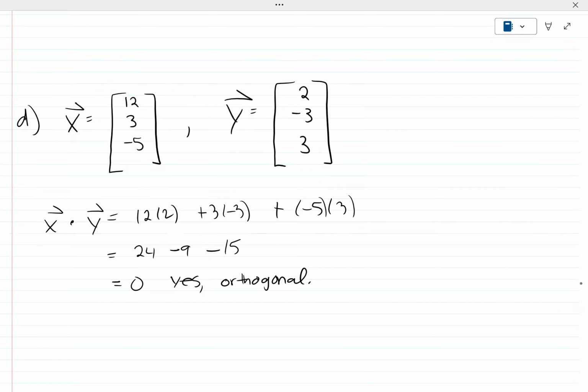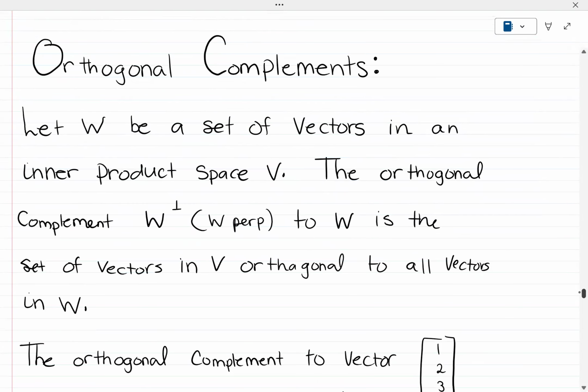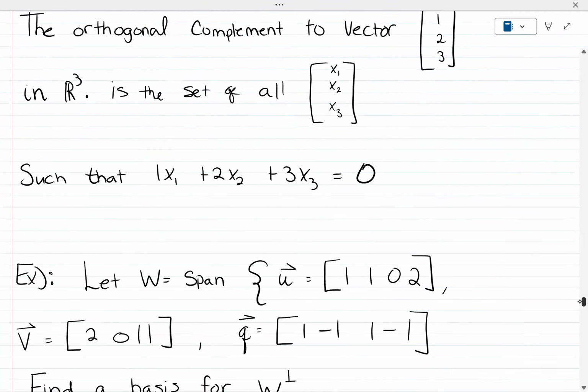Okay, now let's talk about orthogonal complements. So what is an orthogonal complement? Let W be a set of vectors in an inner product space V. The orthogonal complement, W perpendicular, is the set of vectors in V orthogonal to all vectors in W. What does that mean?